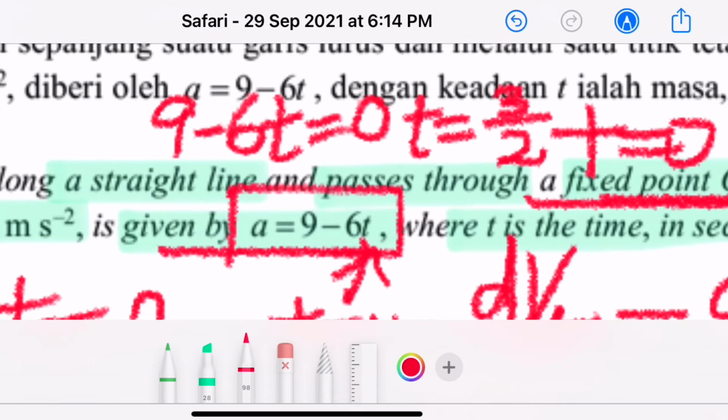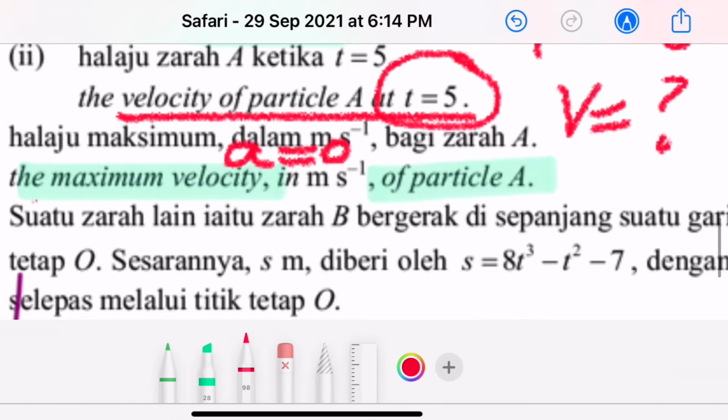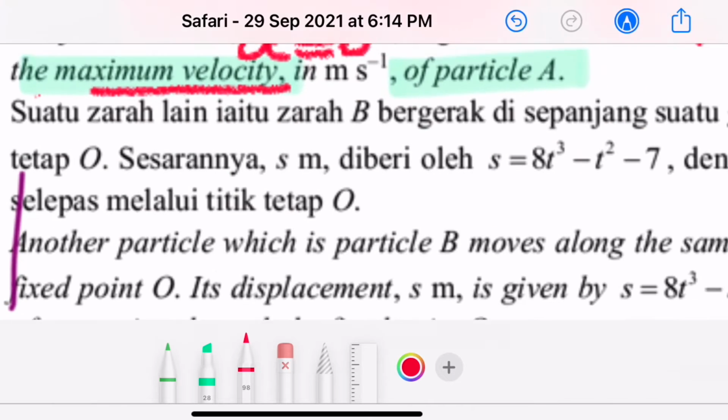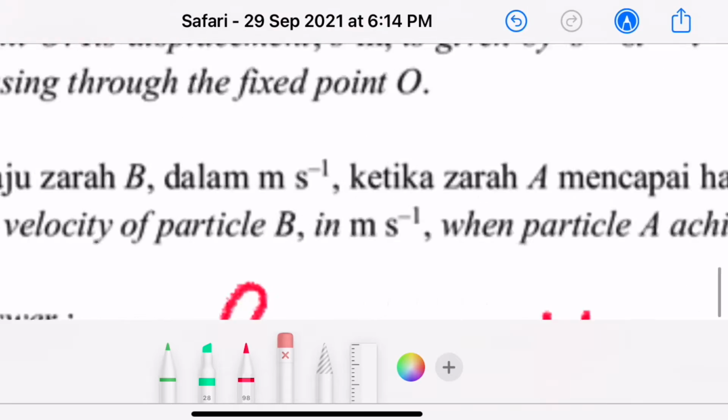So we are going to substitute into the velocity because the question is asking for maximum velocity.